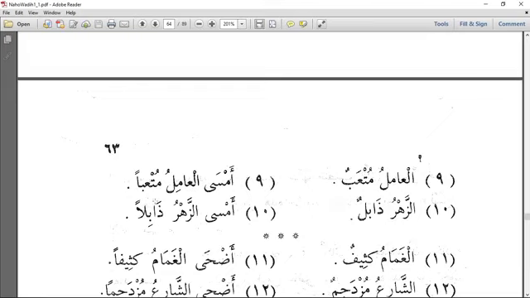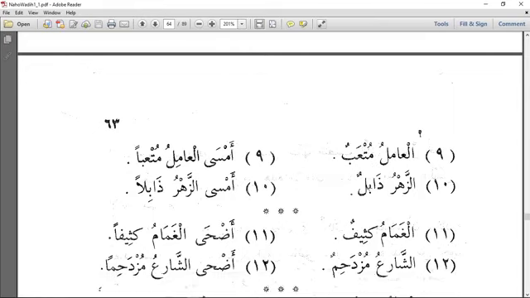Amsa al amilu mut'aban, the worker became tired, or the worker was tired in the evening. So I said this family, asbaha and its family, can denote two meanings, either the same meaning as kana or the same meaning as Saro, but with the specification of the time. So az-zaharu dhabilun, the flower is withered.